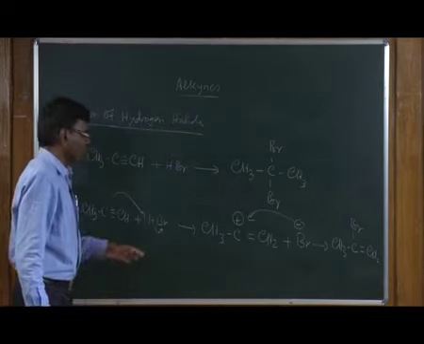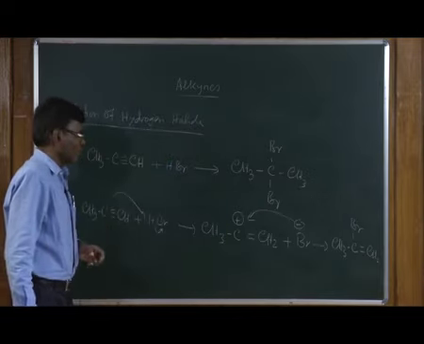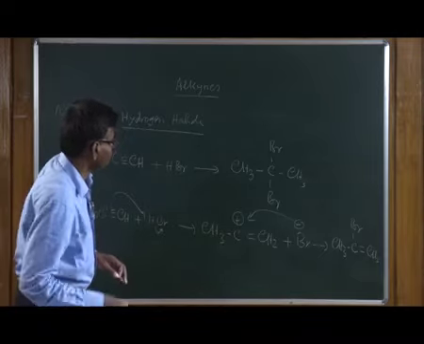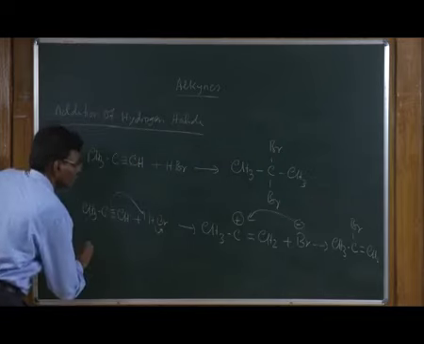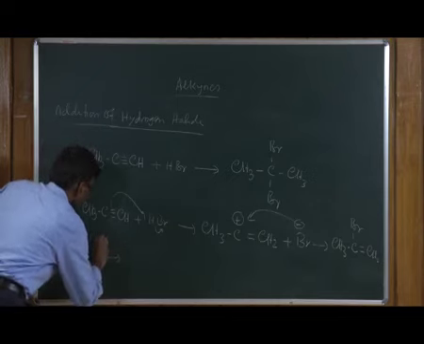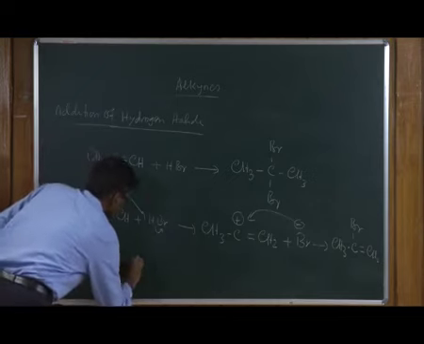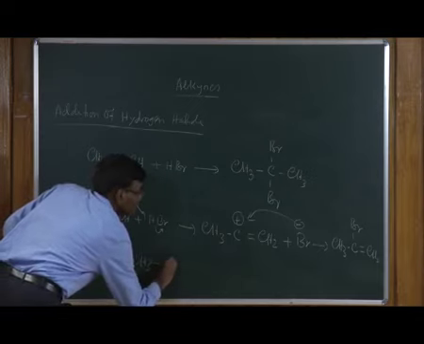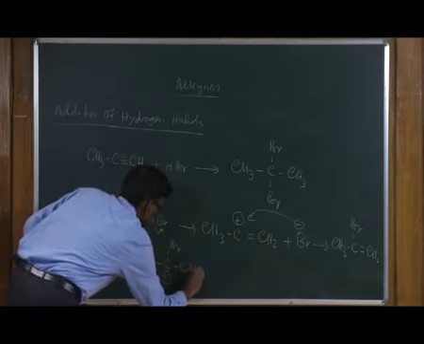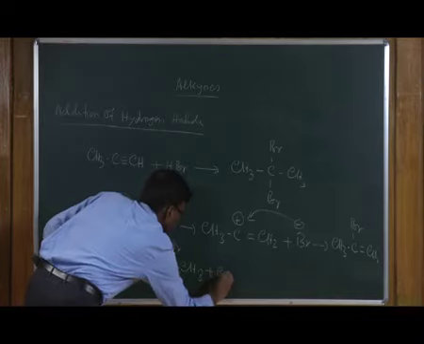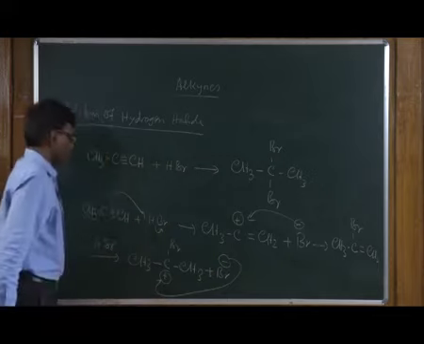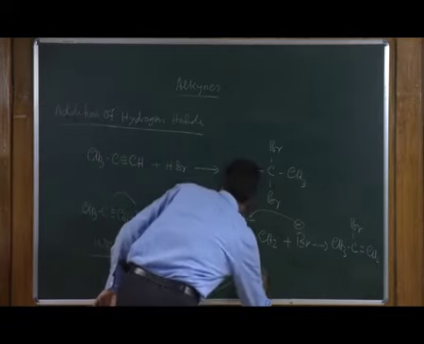First, the formation of vinyl bromide takes place. Once you form this one, this can further undergo reaction with another HBr. Br minus can react with this carbocation to give the product.